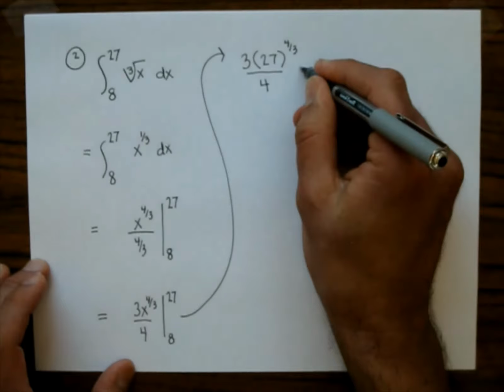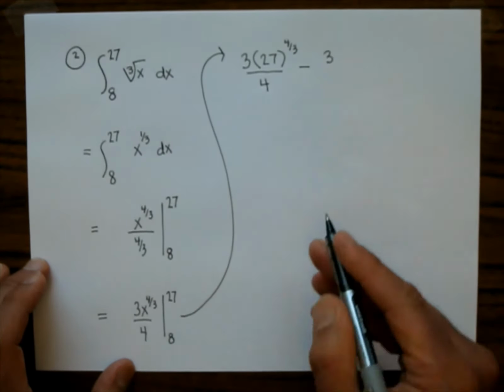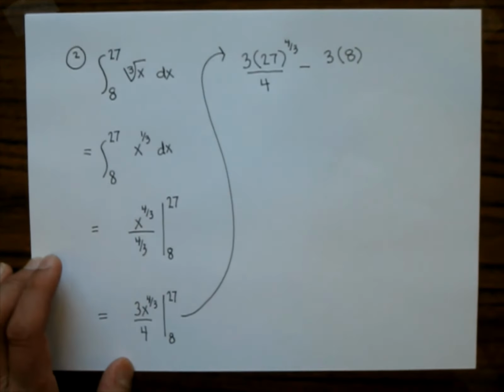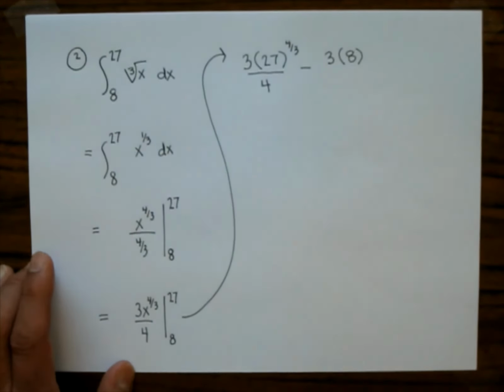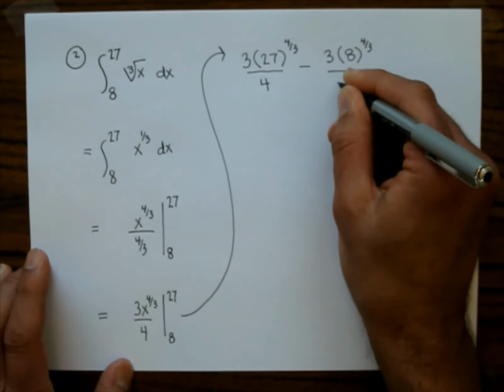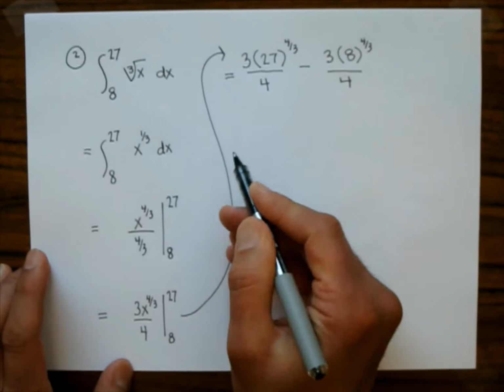And then we have minus 3. We're going to evaluate it at 8 times 8 to the 4/3 power all over 4. Okay, so now let's figure out what this is.